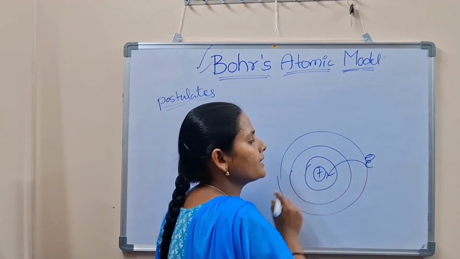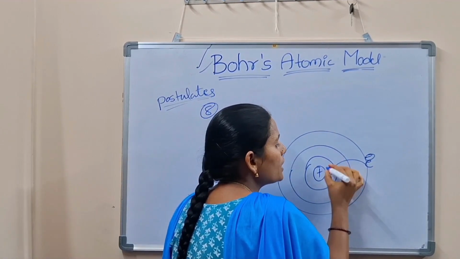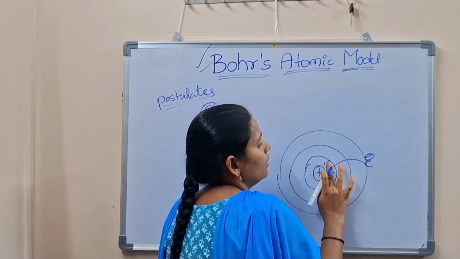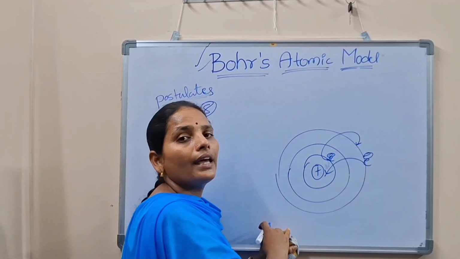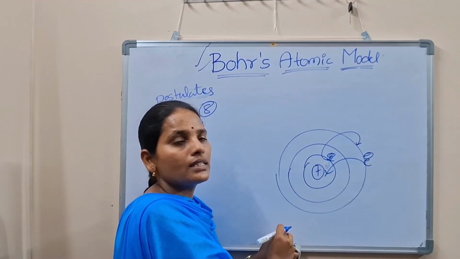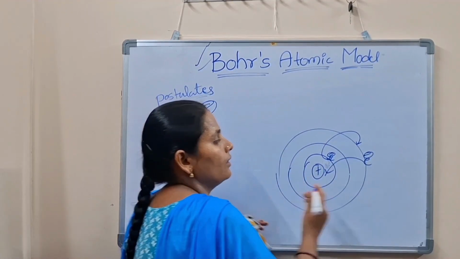When it gets de-excited, it loses energy. If the electron gets to a higher energy level, that is excitation, and then it changes its energy. How does it change its energy?